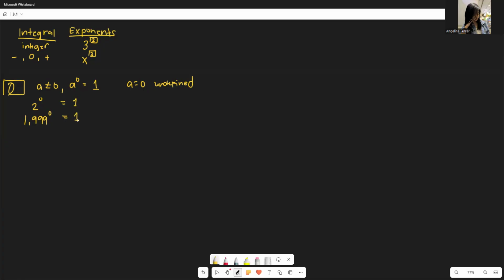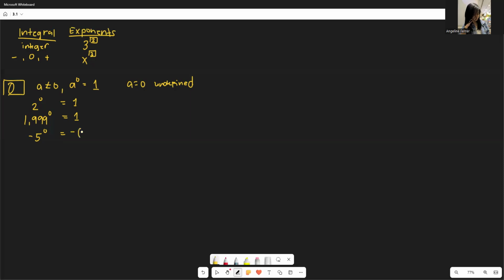But be careful about this when, for example, we have negative 5 raised to 0. When it's written like this, we treat the negative as a separate value, like negative 1 times 5. So in this case, only 5 is right beside 0. So that means only 5 raised to 0 will be equal to 1.